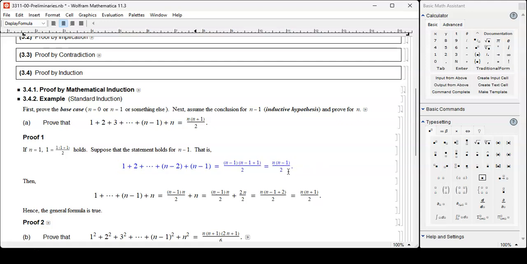Alright, let's assume this is true, and let's prove n. So what's the inductive hypothesis? Add 1 through n-1, and that's this. It's highlighted in blue. And then add the same number to the left-hand side and right-hand side. And then we do some algebraic manipulation from this point on. Take the common denominator and then add up, factor out, simplify.